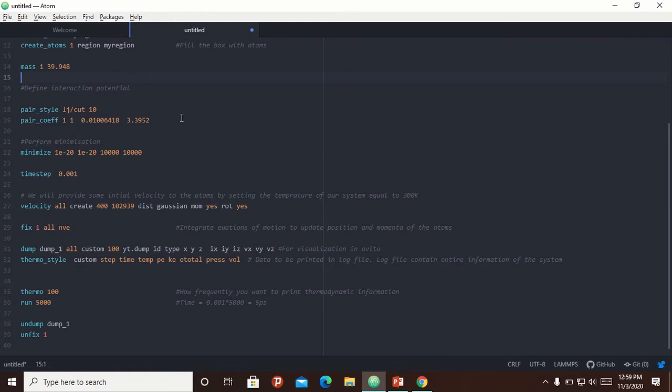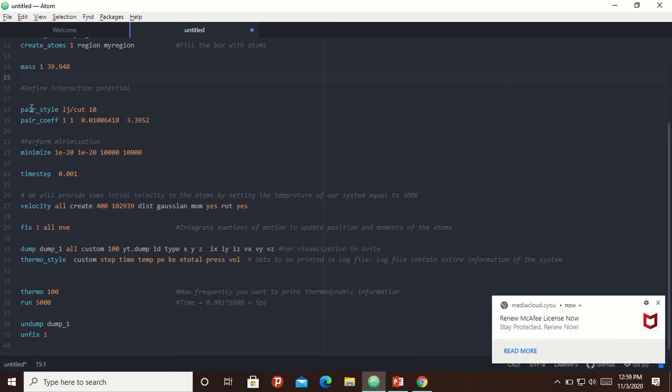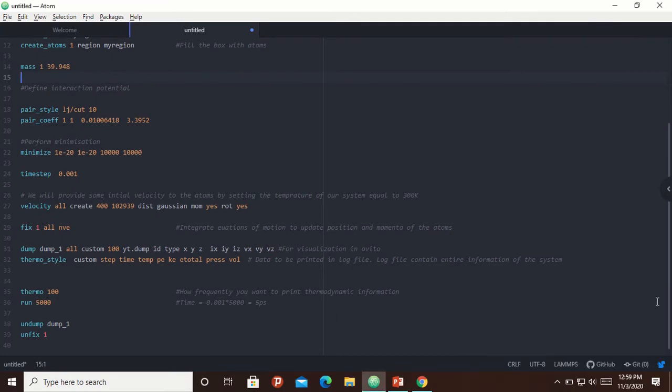Different types of elements may have different types of interaction potentials. If I talk about noble gases, mostly the Lennard-Jones potential is used. So how the syntax is written, we will see here. This is the keyword pair style that is used to write the interaction potential. So we will write pair style.